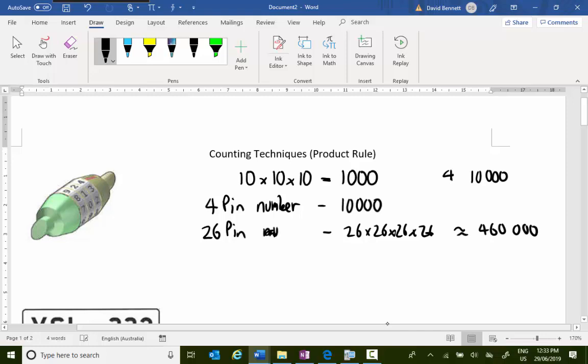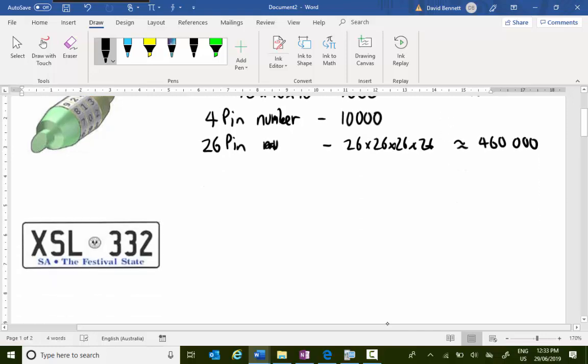See, it becomes a lot more complex and a lot more difficult to do. Now here's a problem that would confront a lot of people, like in government: we need number plates to identify cars, and we don't want to run out of them. They used to have just numbers, and then they introduced letters.